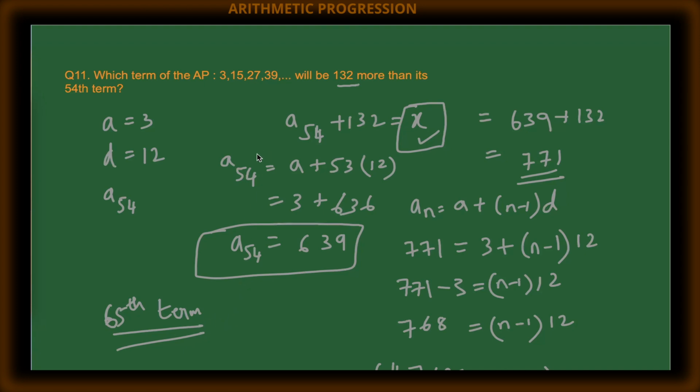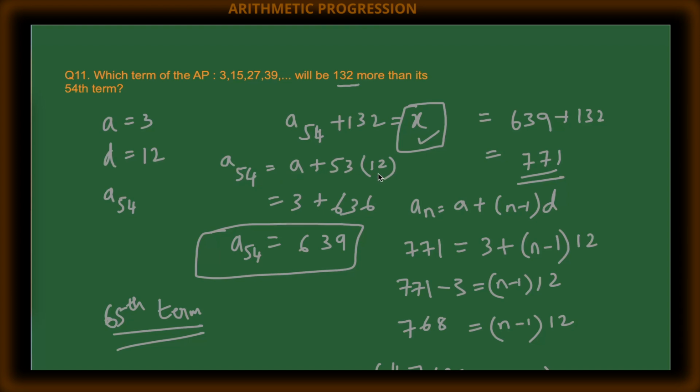Hope this is clear. Let me repeat it here. This is an arithmetic progression which says that x will be 132 more than its 54th term. So you have the 54th term and its value is increased by 132, and that is x. So what position does that x come in the arithmetic progression? First we need to identify this x. We found this by replacing with the values in our formula, an is equal to a plus (n minus 1) into d.